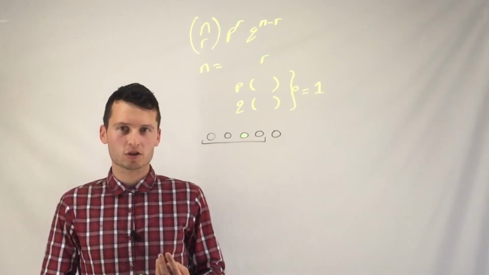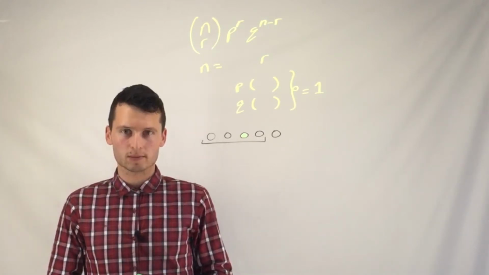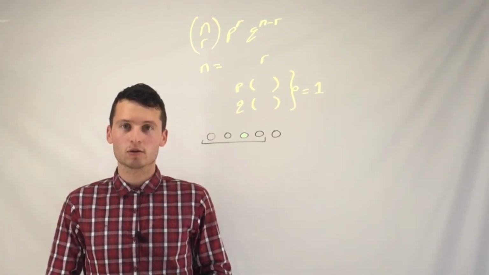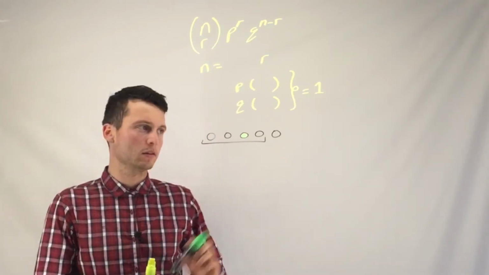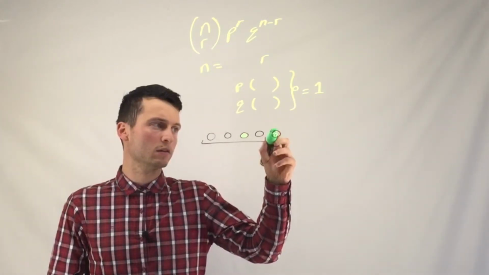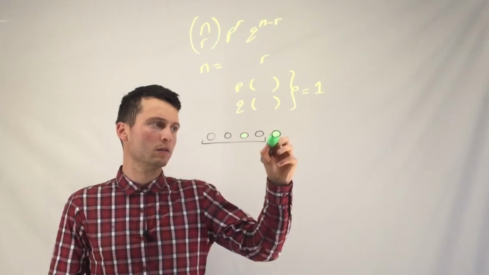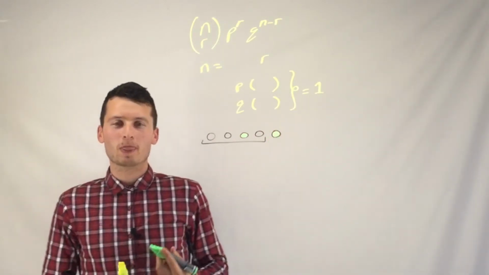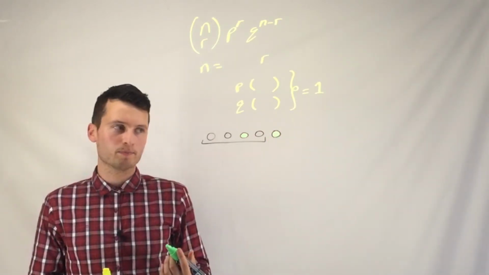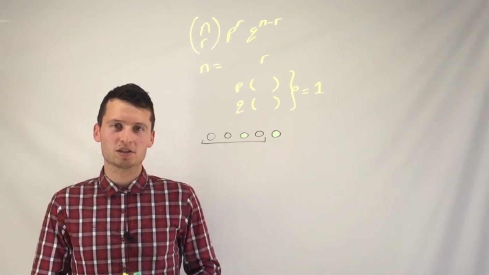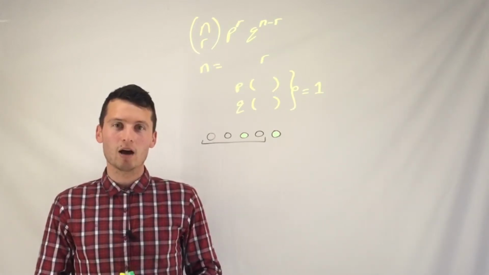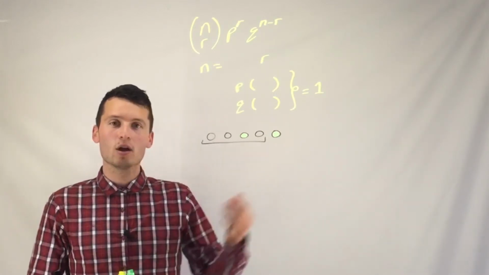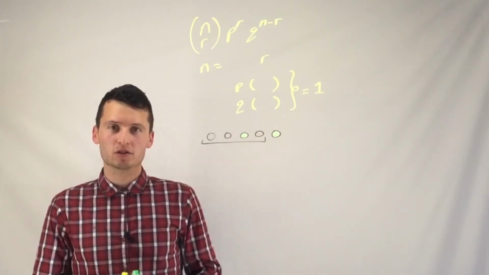In the first 4 shots, she scored once, and in the 5th shot, she scored her second. So we need to break this question up. Let's calculate the probability that she will score 1 shot out of 4, and then we'll calculate the 5th shot.